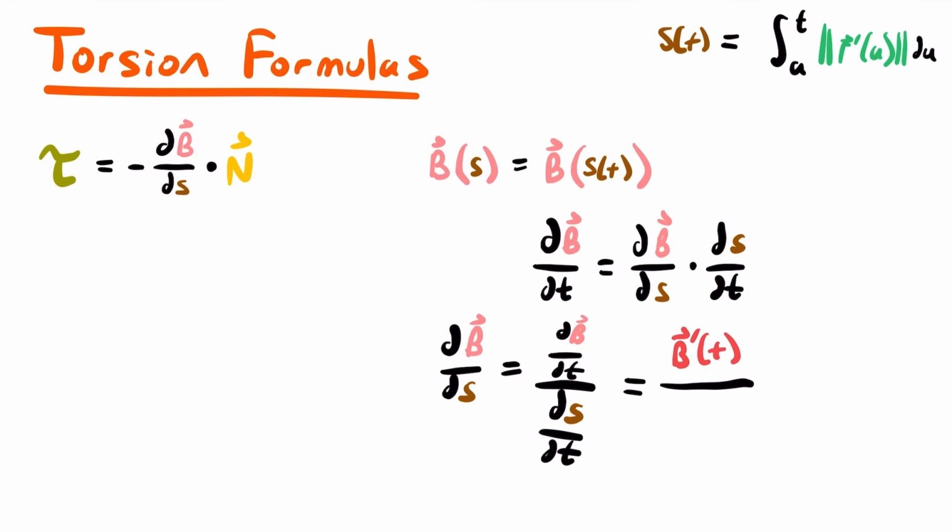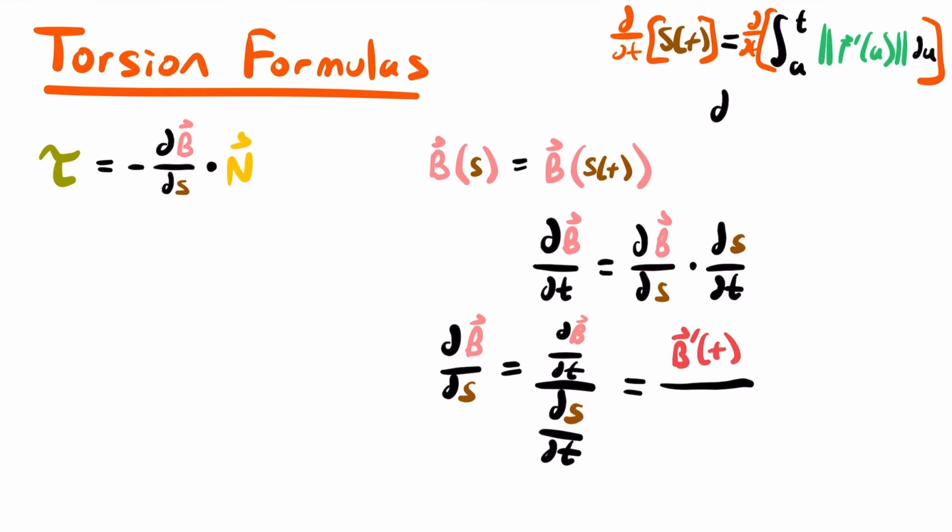But then, remember that we have ds dt, we're taking the derivative of the arc length function with respect to t. So if you take the derivative with respect to t of both sides of the equation, what ends up happening here is the fundamental theorem of calculus comes into play for this side of the equation. The derivative and the integral will cancel out, just leaving you with the integrand in terms of that upper bound of t.